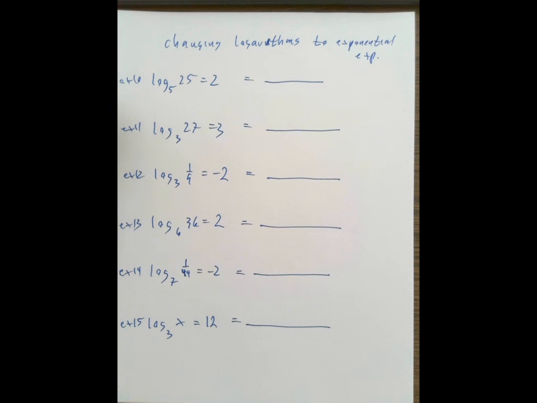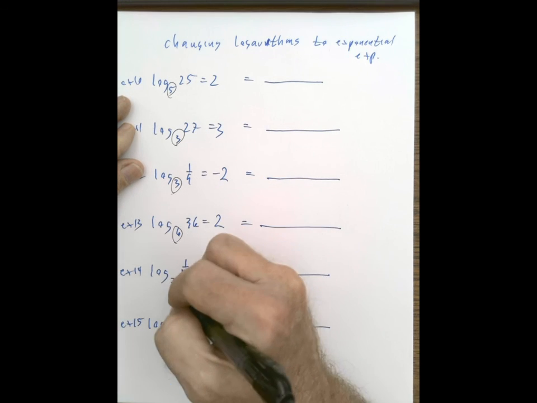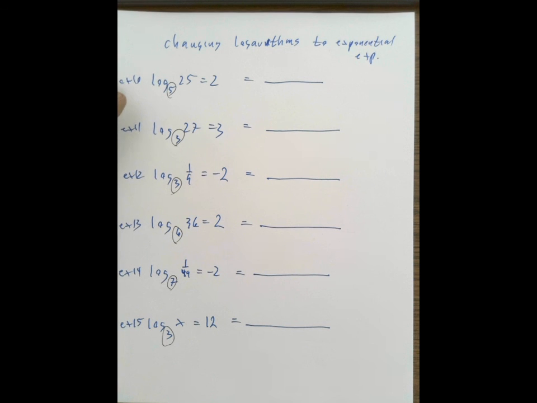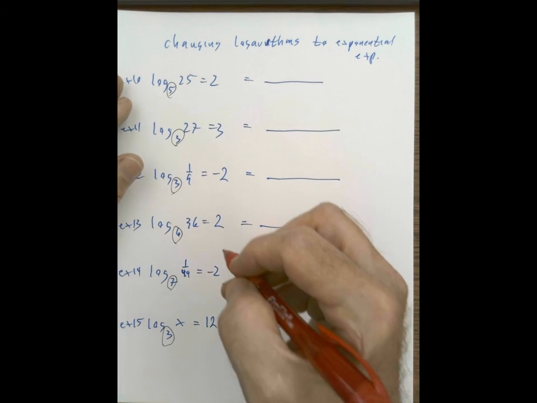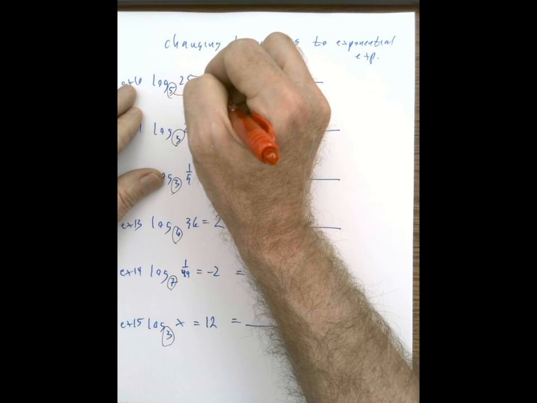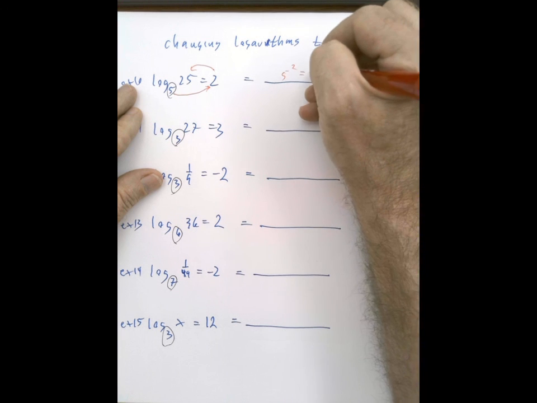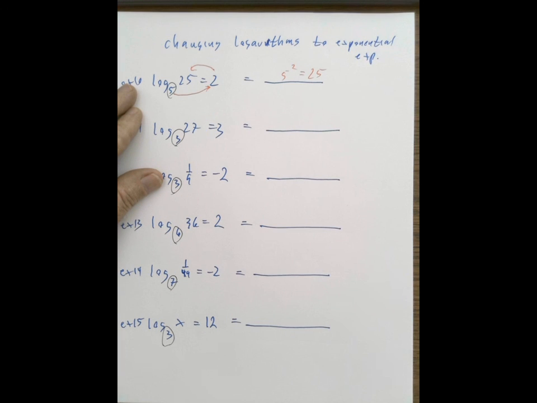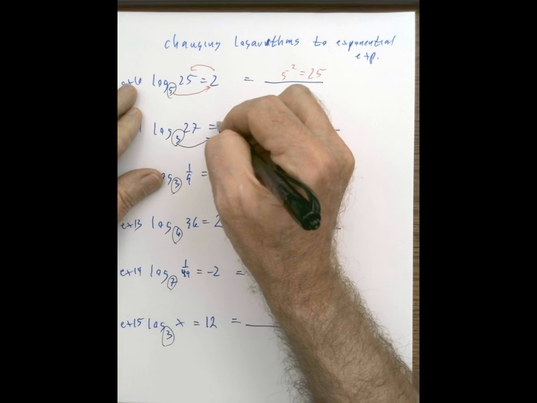Okay, so keep in mind that the log bases, which I'm circling here, those are the exponential bases. And then inside the log expression is the equivalent exponential expression. So for the first one, 5 to the second power would be 25. So our equivalent exponential expression is 5 squared is equal to 25. Here is the equivalent exponential expression.